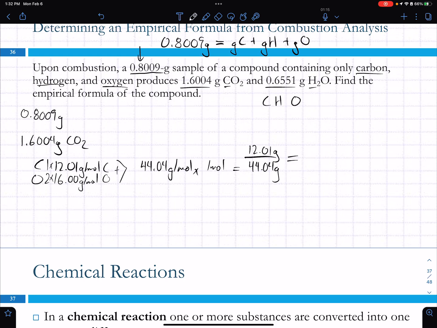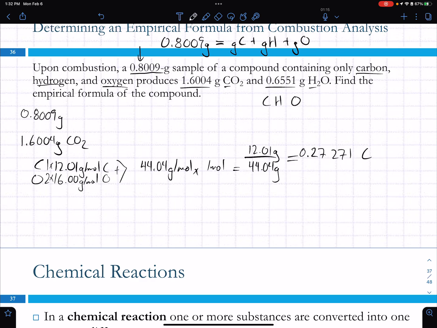And so whatever this is going to be is our proportion of carbon. You could multiply that by 100 to get a percent. 12.01 divided by 44.04. So that means that carbon dioxide is 27.271 percent. Actually, I don't want percents. I want to put 0.27271, and that's that much of carbon.